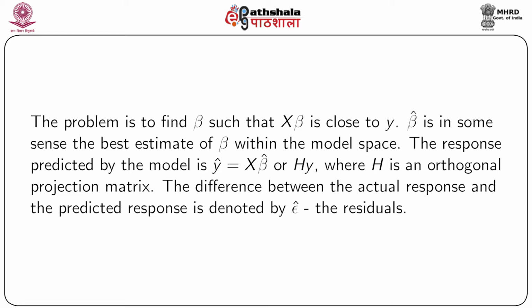The response predicted by the model is then written as y hat, which equals x times beta hat instead of x times beta. Or we also write it as h times y, where h is an orthogonal projection matrix. So the difference between the actual response and the predicted response is denoted by epsilon hat, which is termed as the residuals.